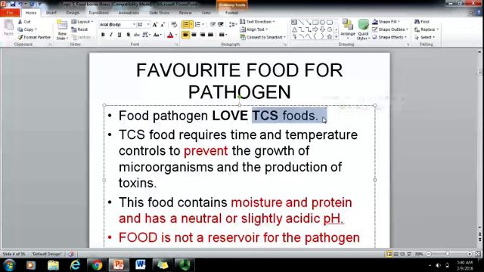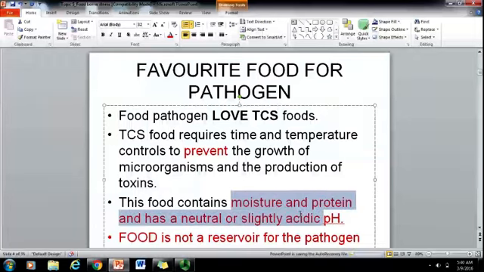Okay, TCS is an acronym that stands for time and temperature control for safety food, which means the food is something that is high in moisture, high in protein and carbohydrate, and has a slightly acidic pH. Okay, so one of the ways to control the bacterial growth is by controlling the temperature and the time.